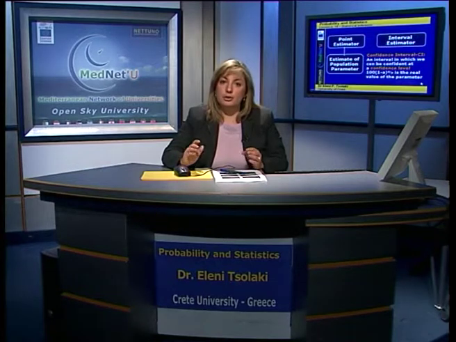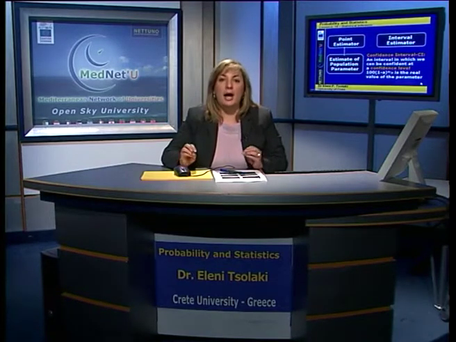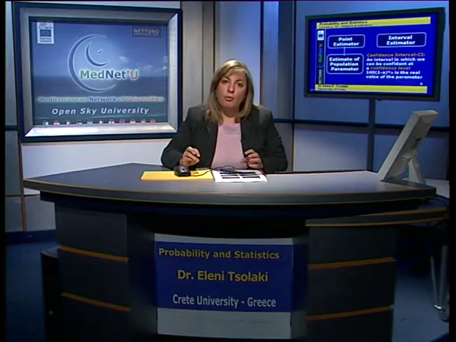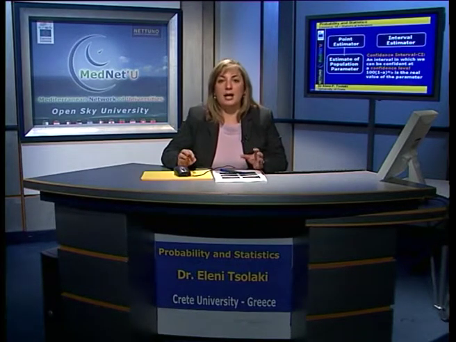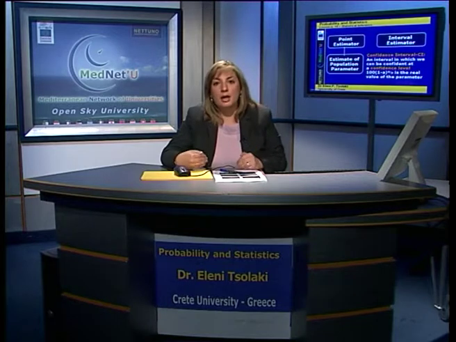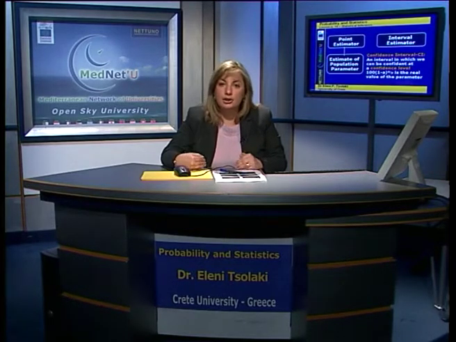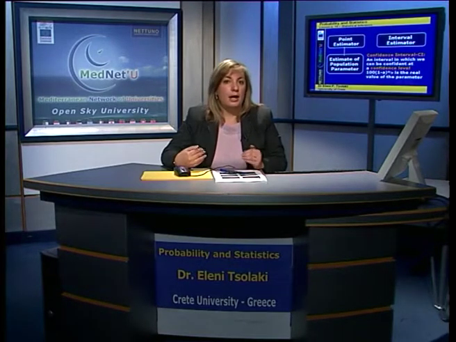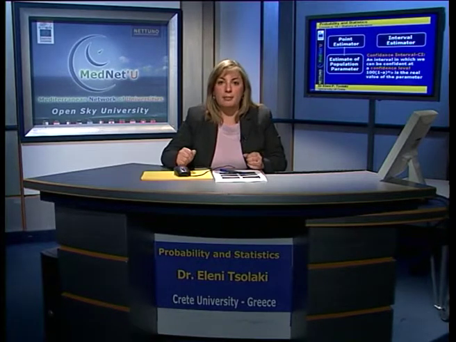Later on, we are going to see exactly what α is. For the moment, our confidence level, as it is called, we are going to think of as how sure we are that what we have calculated is actually the true value of the population parameter.